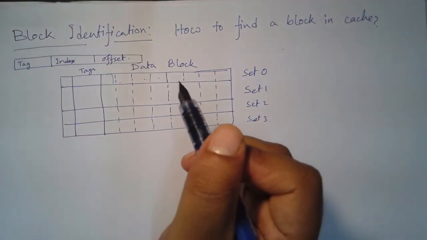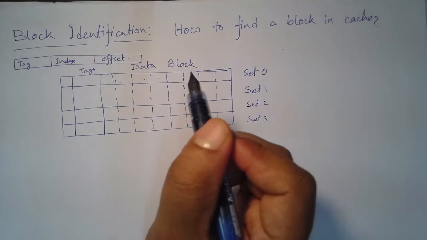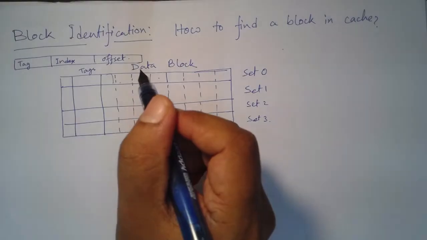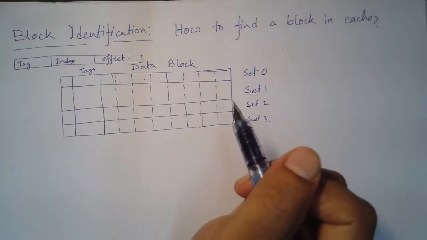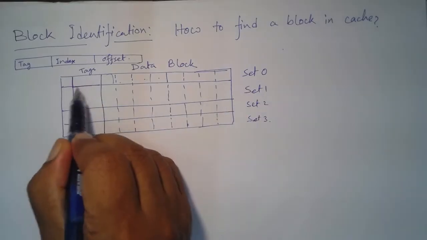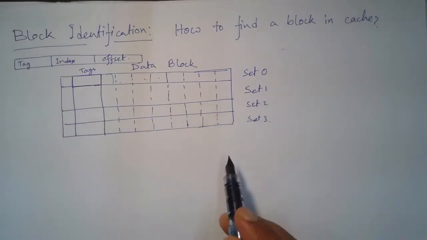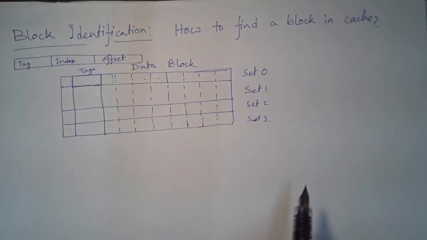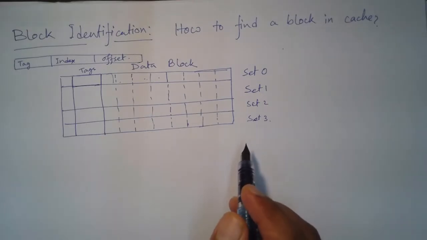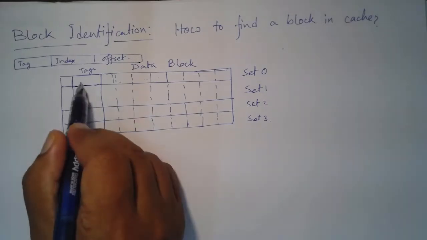So the tag is used to check all the blocks in the cache, or in the set. Tags will be the same for the blocks which are in the same set. So the first thing you will do is match the tag, and if the data is available, then you know that this block is available. It generally constitutes the higher order bits. So this is what the tag is.